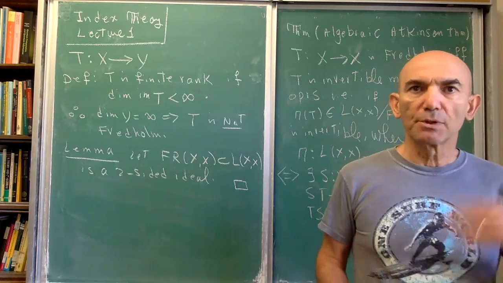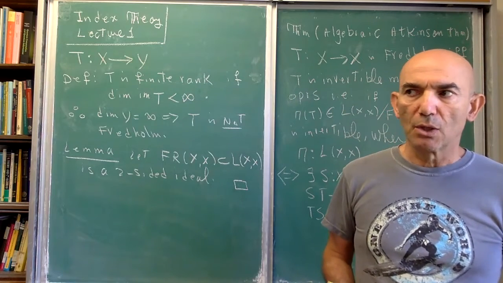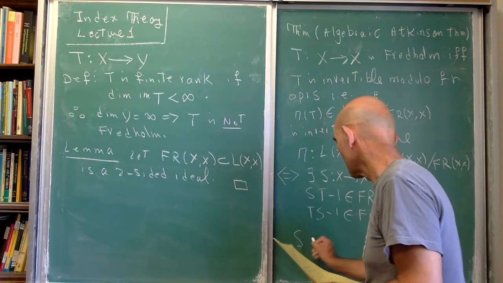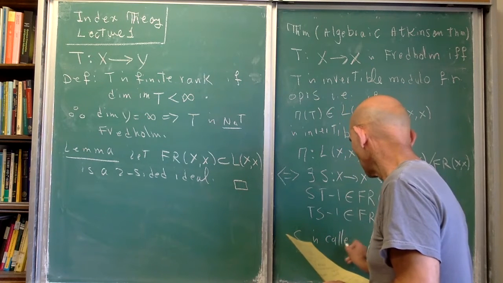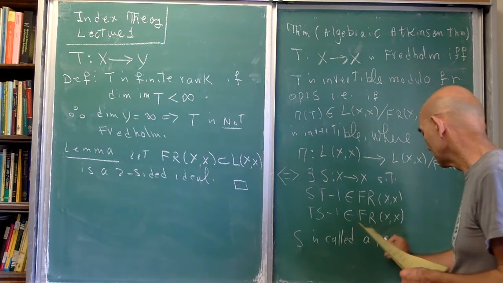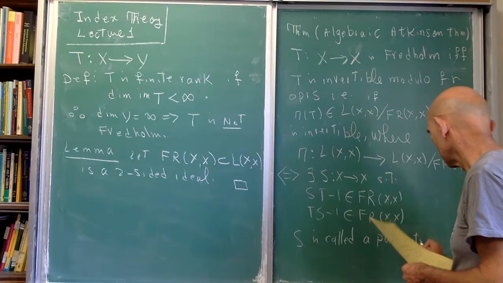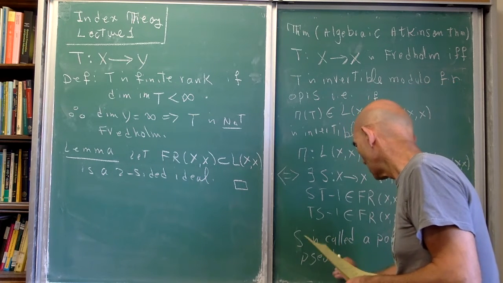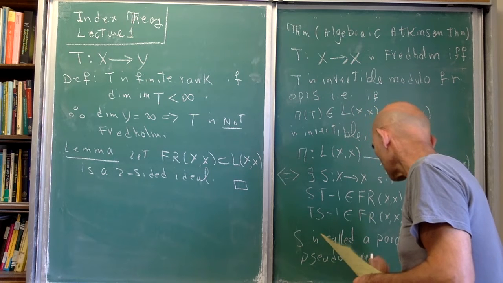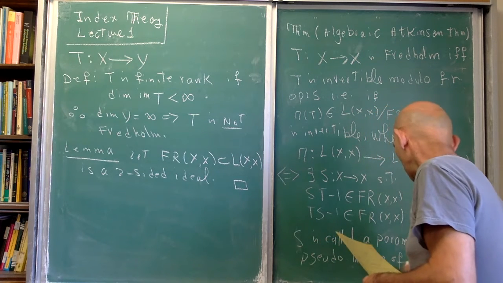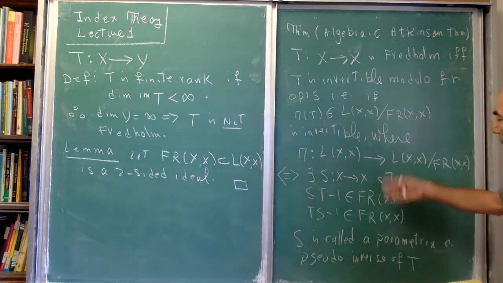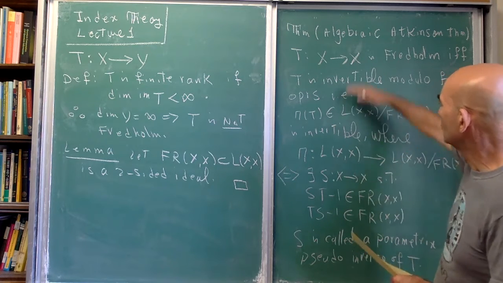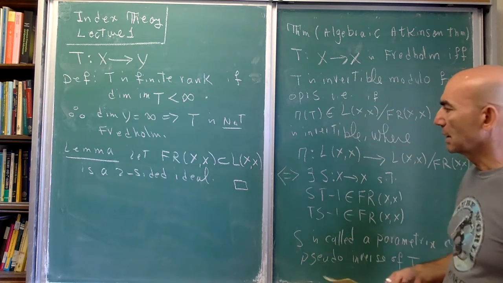This S can be called the quasi-inverse or pseudo-inverse. And in PDE theory, as we will discuss soon, this is called a parametrix for T. So S is called a parametrix or pseudo-inverse, or similar names, of T. Again, the proof of equivalence of the two statements is obvious, and the proof of the theorem in one form or the other is not difficult.